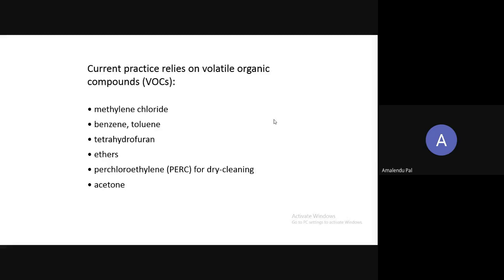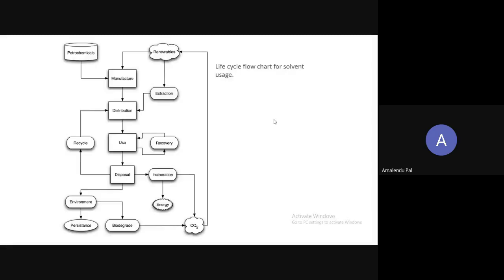What are the alternatives? Let's see. This is the situation: manufacture, then distribution, then use, then disposal. At the disposal stage, if it is recycled, then it goes back.